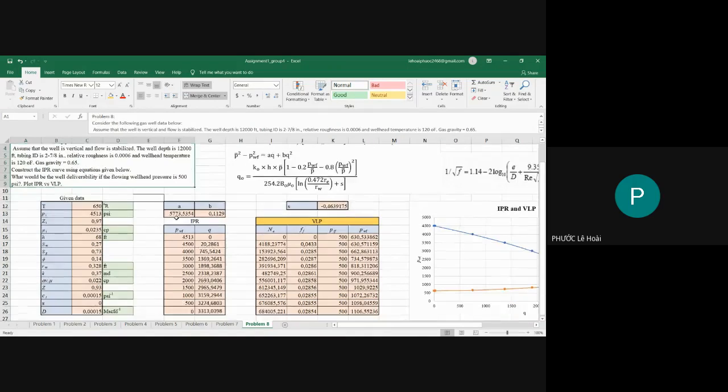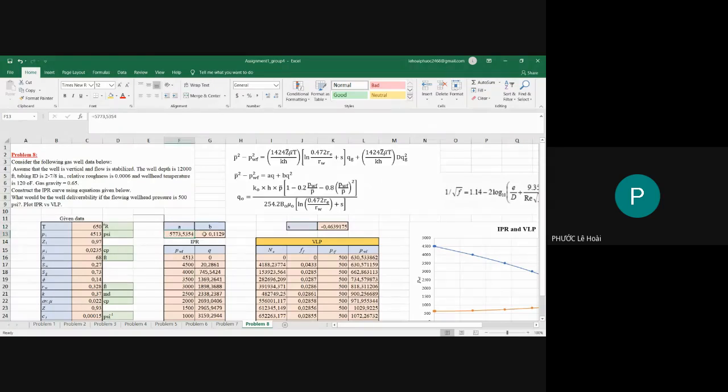Okay, let's start with A and B. Let's talk about the equation here first. Q0 is the flow rate. You can calculate AB by this equation, and then we will have AB here.